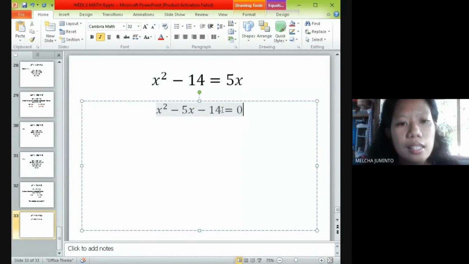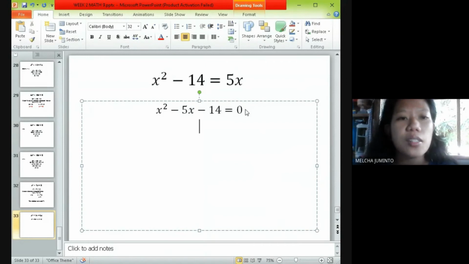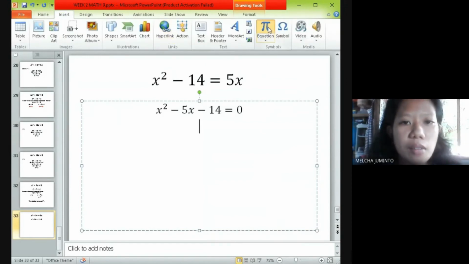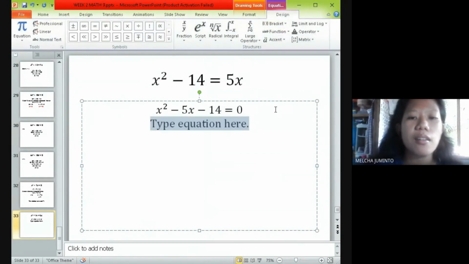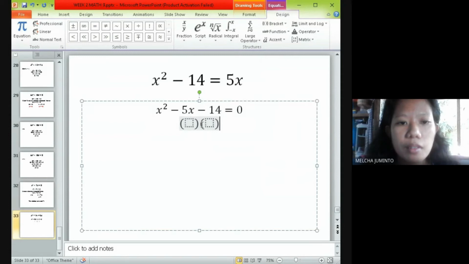Okay, next. This is a trinomial. Kapag trinomial yung nasa left side, ang factors niyan lagi, dalawang binomials. So, ang kailangan mong gawin una is to write parentheses where you will put the binomials.